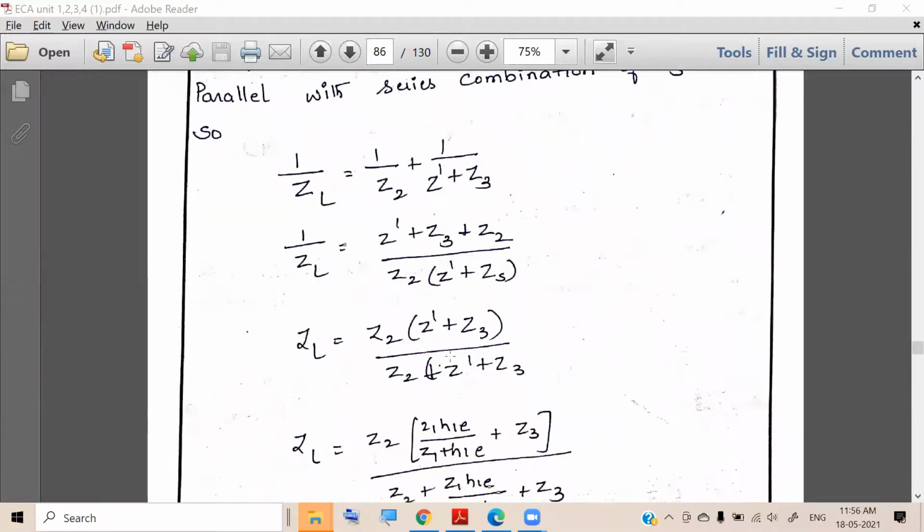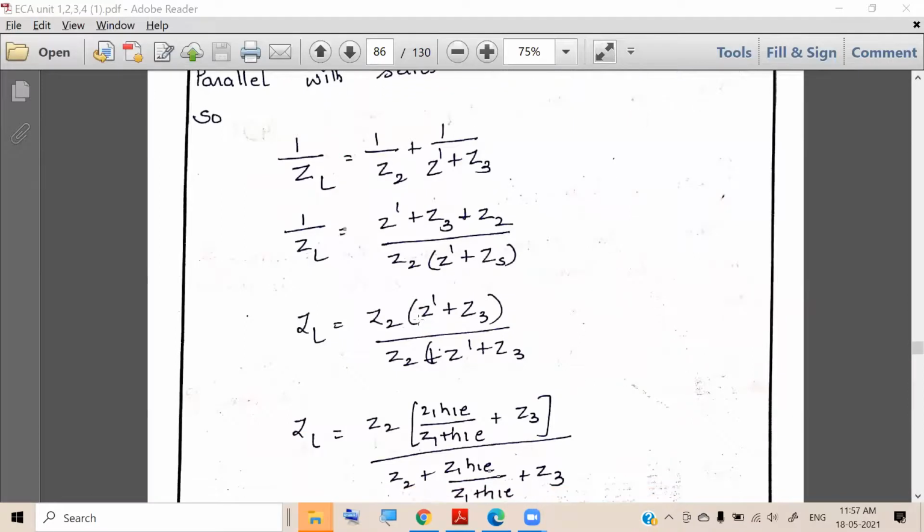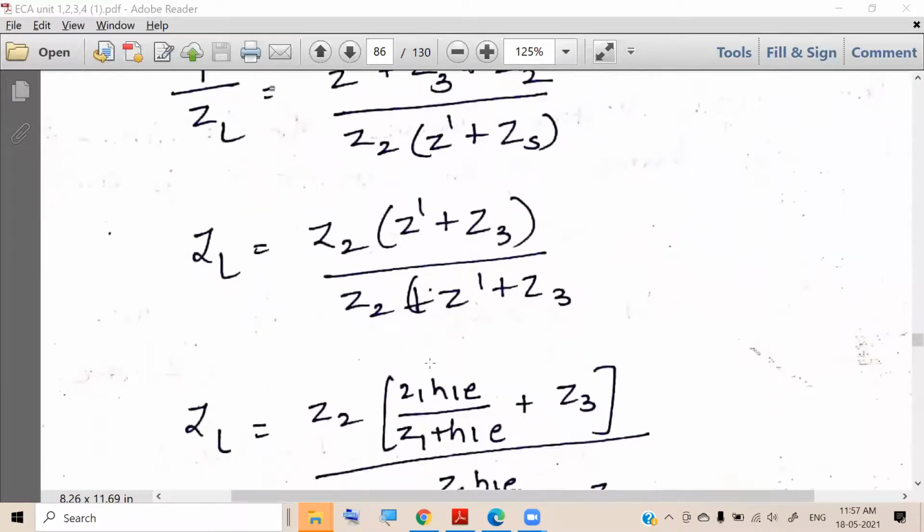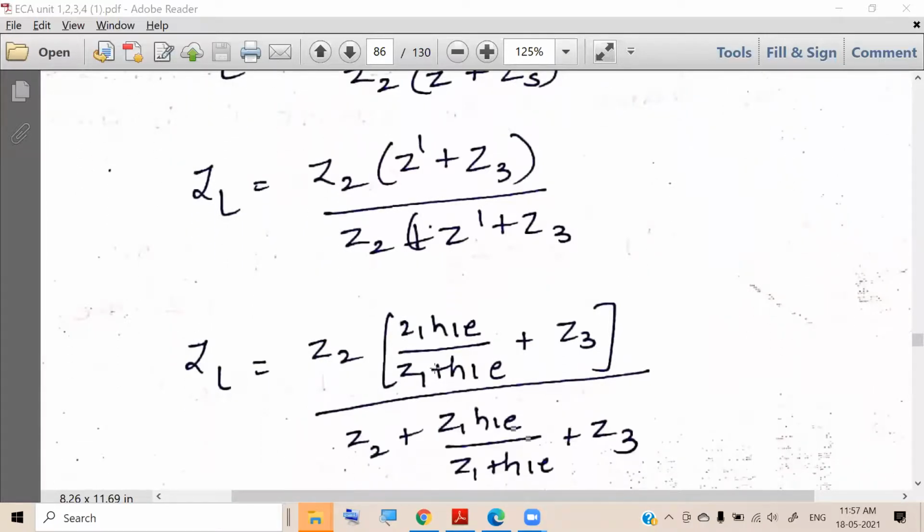So next target: wherever we have Z dash, replace that with Z1 HIE by Z1 plus HIE.